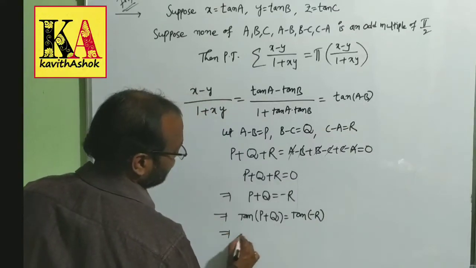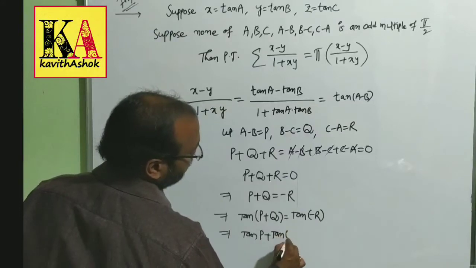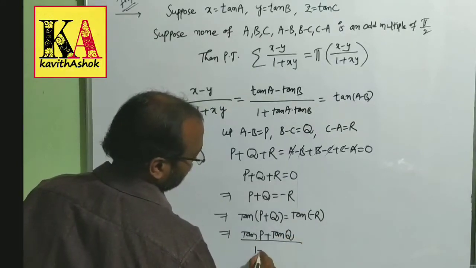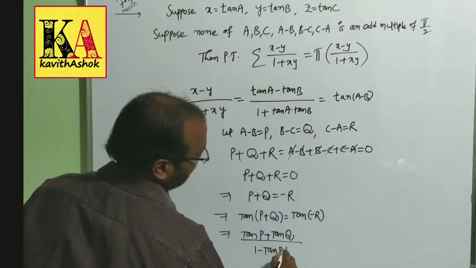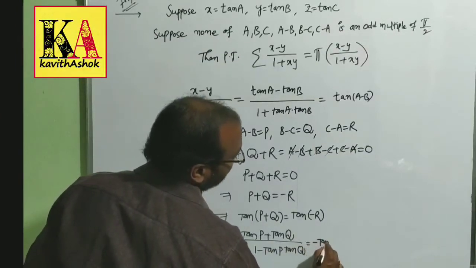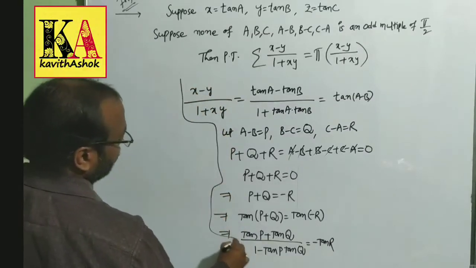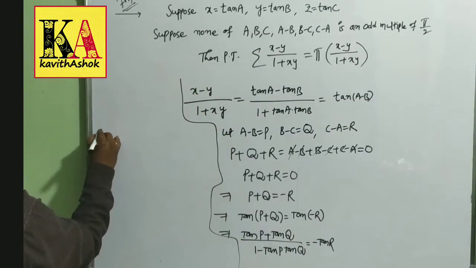So this is the tan A plus B form. Tan P plus tan Q by 1 minus tan P tan Q is equal to tan of minus theta, which is minus tan theta. This is minus tan R. So now cross multiplication.